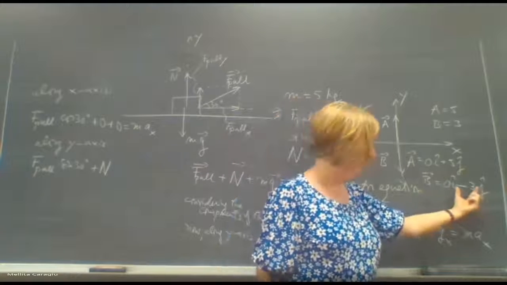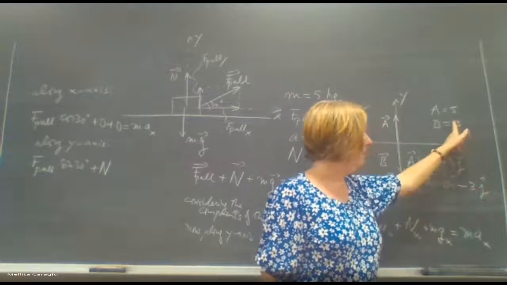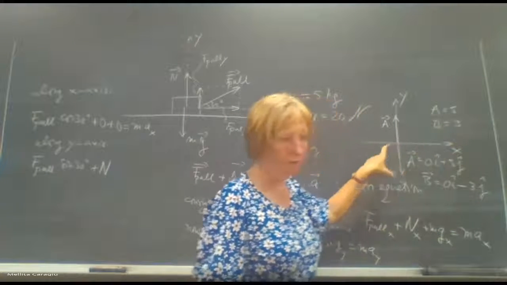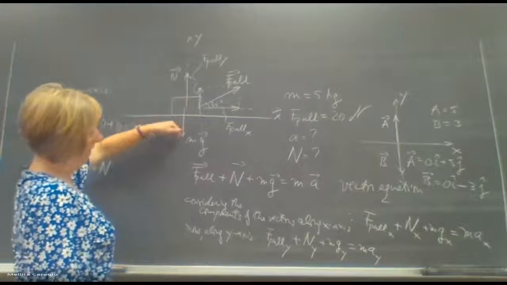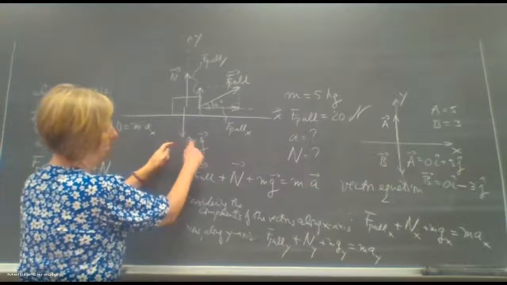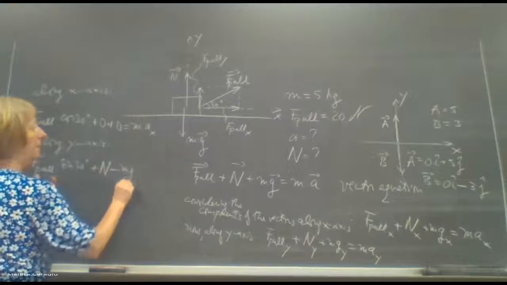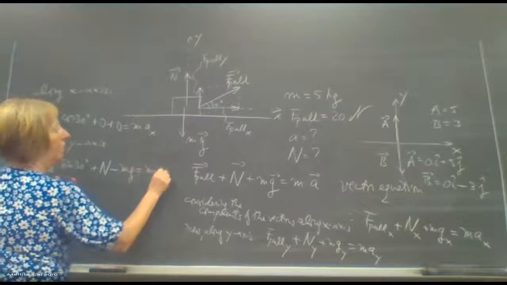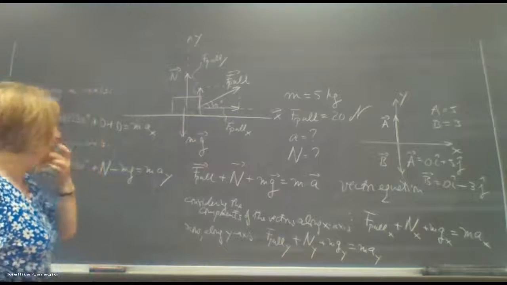It's negative 3. Who is negative 3? It's negative the magnitude of the b vector. Same goes here. mg is down. What's the component of mg along y? It's minus the value mg. So minus mg. And this equals mass times acceleration along y.